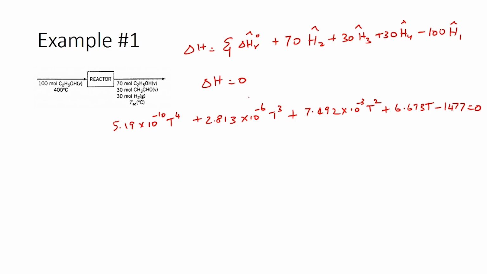If you do not have access to a good scientific calculator which can solve this kind of polynomial, or a computer, then you can try to ignore these two. However, if you have access to such electronic gadgets, you would want to use this polynomial to get the value for the temperature, and the temperature which you obtain by solving this polynomial would be 185 degrees Celsius. So, with this you get the outlet temperature for the system which we are looking at.